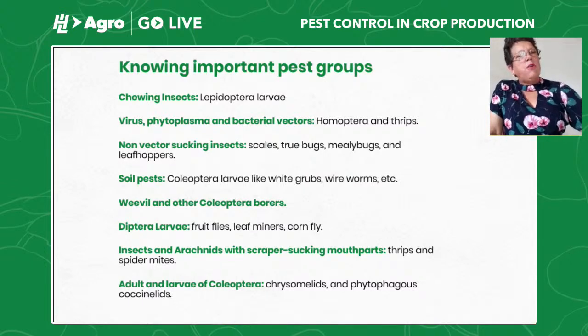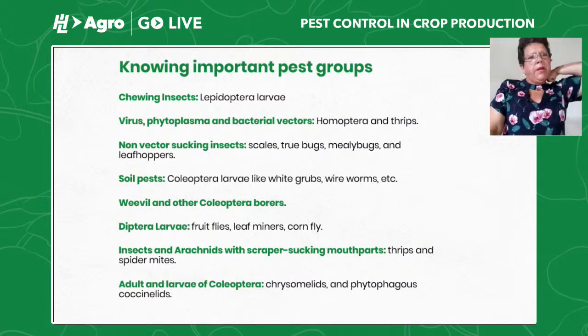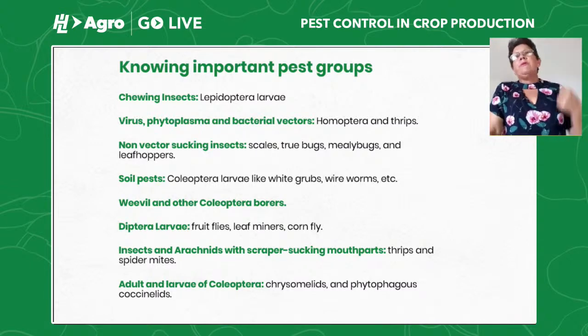We also have non-vector sucking insects like scales, true bugs, mealybugs, leafhoppers, spittle bugs. Another group, soil pests. Mainly we have coleoptera larvae like white grubs, wireworms, chrysomelid worms. Another group, weevil and other coleoptera borers.